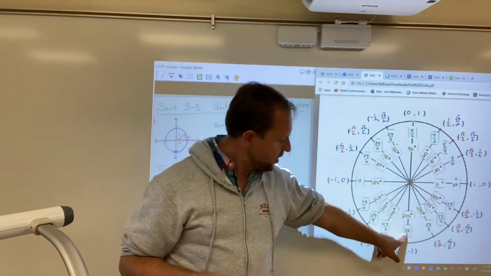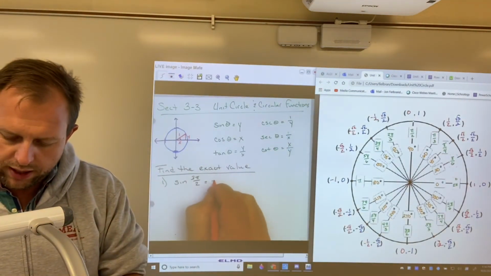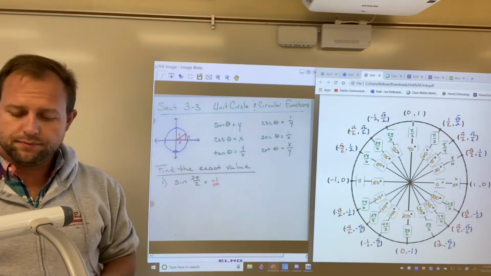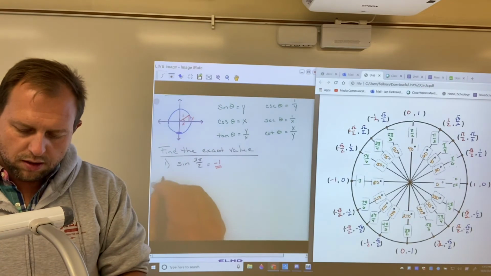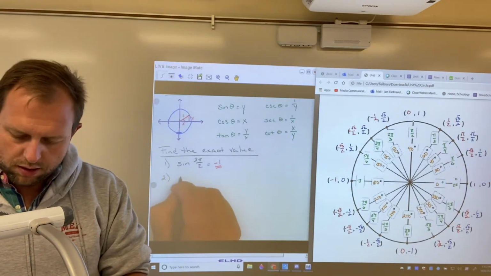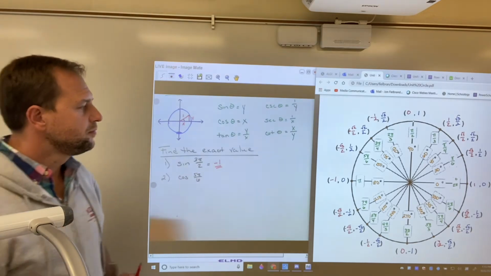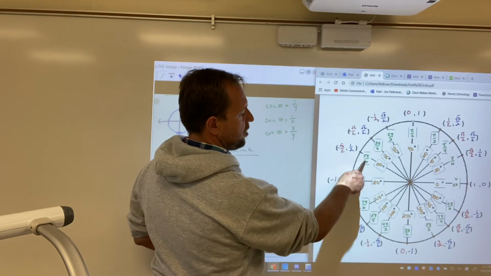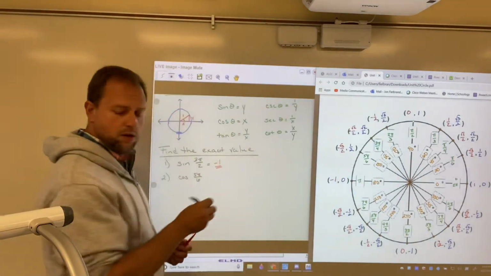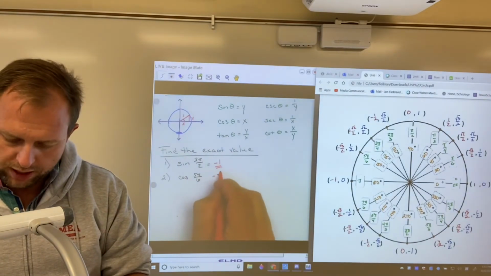And they asked us for the sine, which is the y value. So we're going to get -1. Cosine 5 pi over 6. Cosine is the x value. That is a negative √3 over 2.